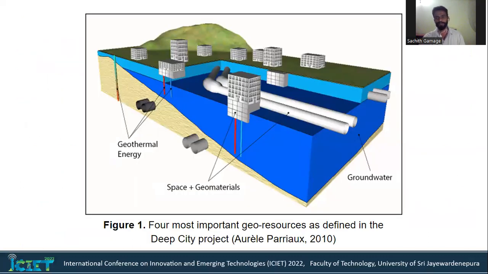This model shows four valuable georesources in an inland area. Similarly, this same principle can be applied to the coastal areas also. As you can see here, there are four different important factors or parameters: geothermal energy, space, geomaterials, and groundwater.